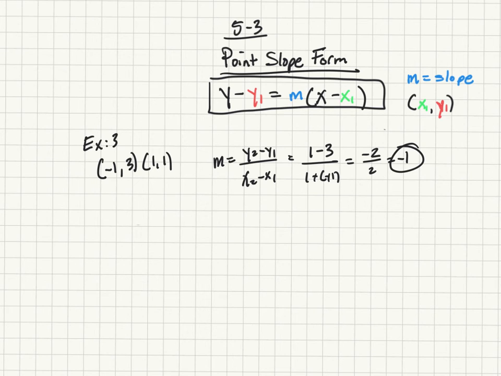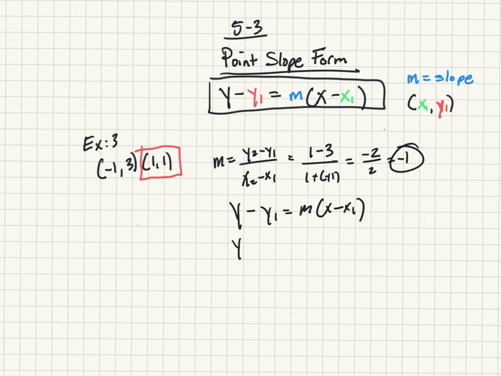Okay. Now what we're going to do is we pick one of the 2 points, right? Because remember, we need a point and a slope. Well, we have our slope and we have 2 points. So it doesn't matter which one you pick. I'm going to pick this one because it's easier. So we have y minus y1 equals m times x minus x1. And I plug in my information.